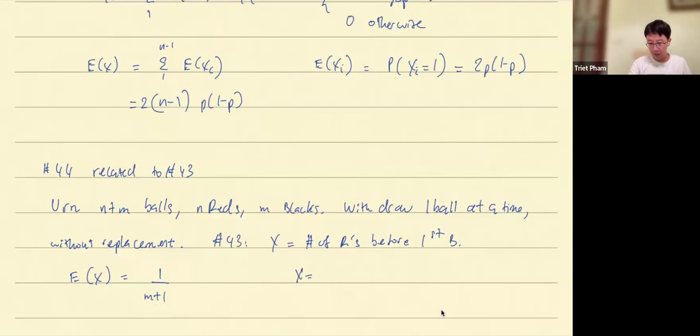So you remember one of the details, I think you remember this one. What are the xi? So what are we counting over to get the total number of reds before the first black?